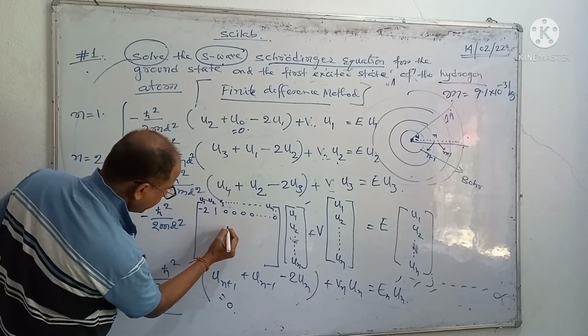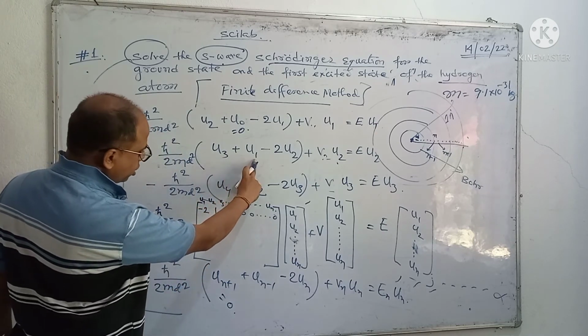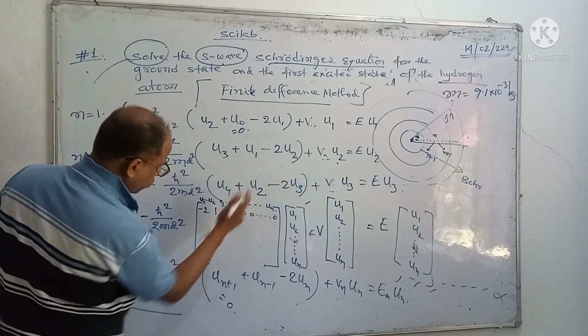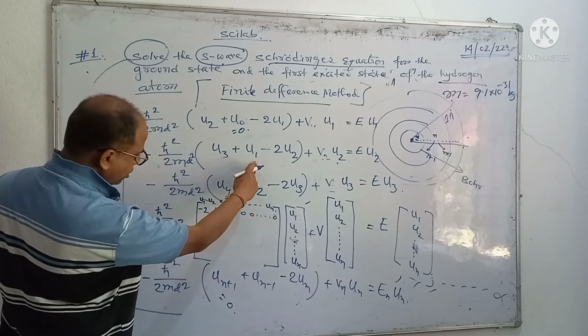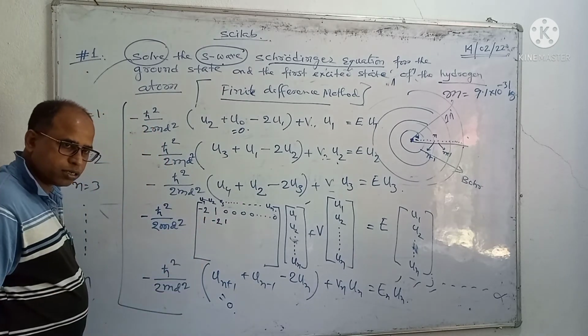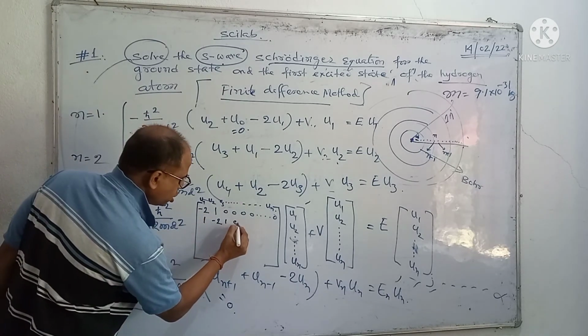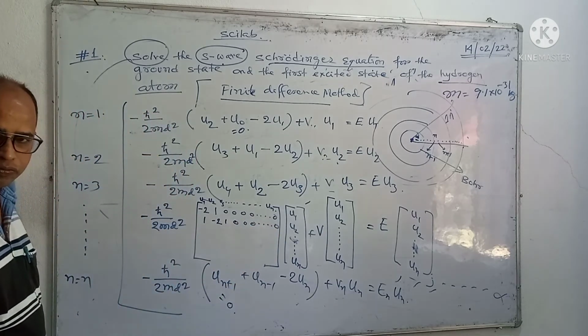What is U3? Here U3 is 1. Here U2 is -2 and U1 is 1. Right? 0 0 0 dot dot dot 0. Fine.